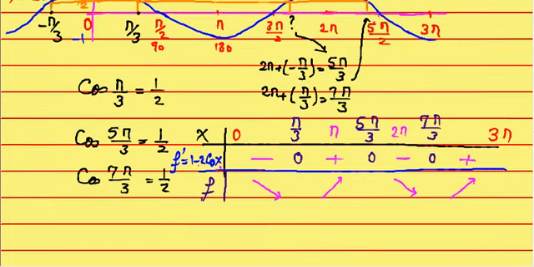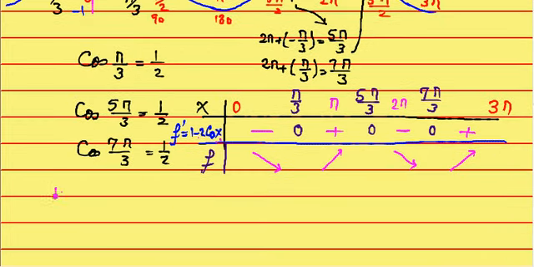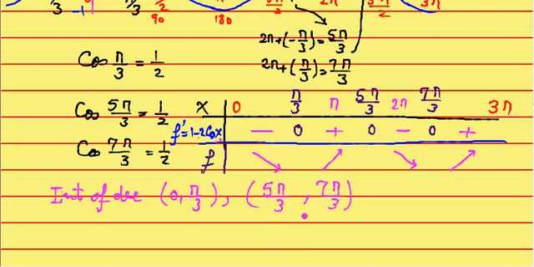So we are ready to give some answers. Intervals of decrease, obviously from 0 to 5 pi third, then 5 pi third to 7 pi third. Intervals of increase, well, as you see, this is an interval of increase.